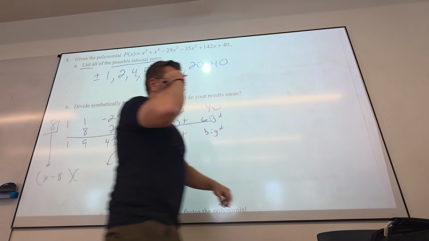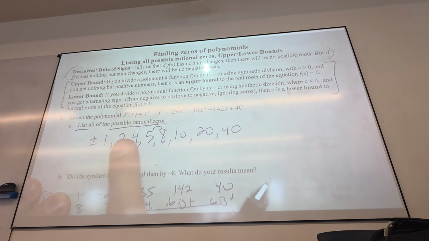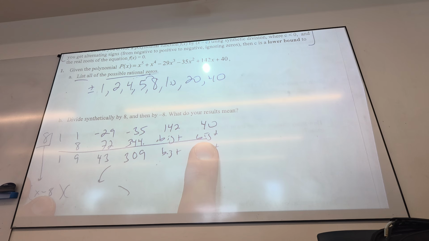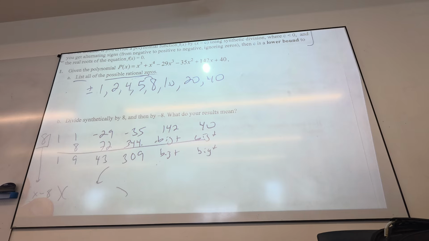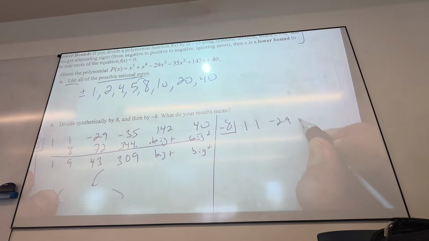Okay. So that means if I look at my list, I can take positive 10, positive 20, positive 40 out. I can also take positive 8 out because that didn't work. All right. Now, do negative 8 if you haven't done that yet. I've left myself so much room.